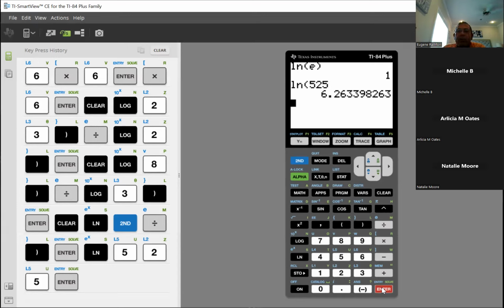All right, so we're going 4 decimal places. So I got 6.263. I'm looking at the next digit. It has a 9 after it, so I'm going to make that a 4. So 6.2634.